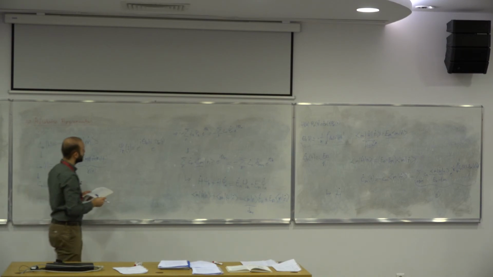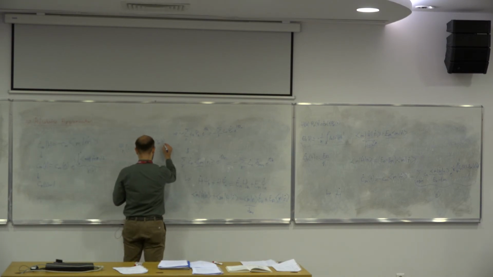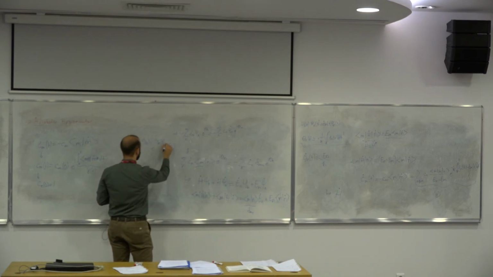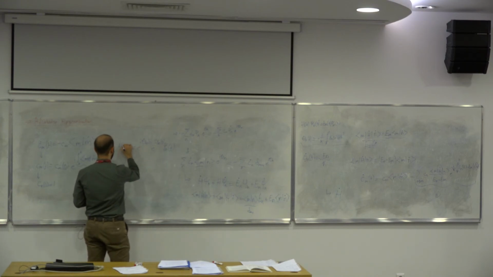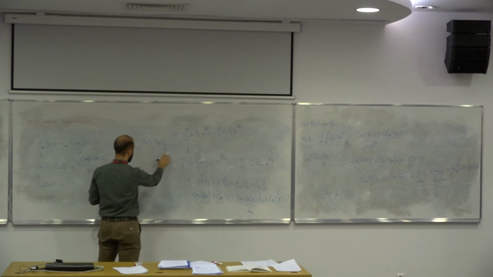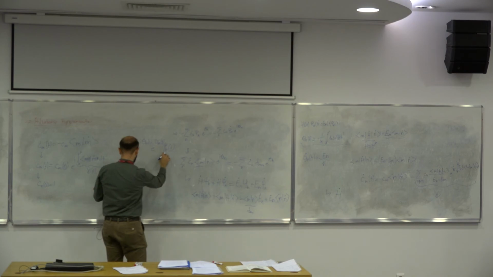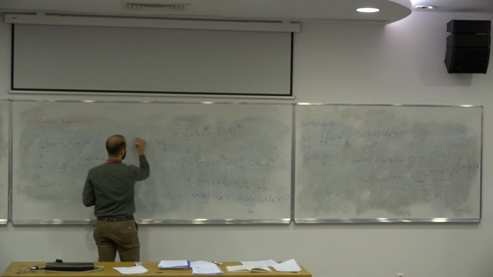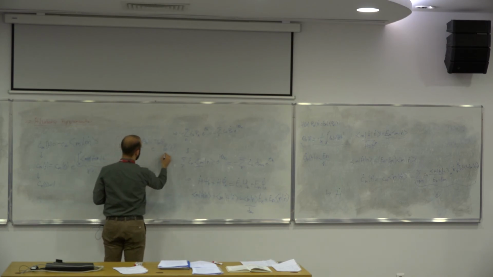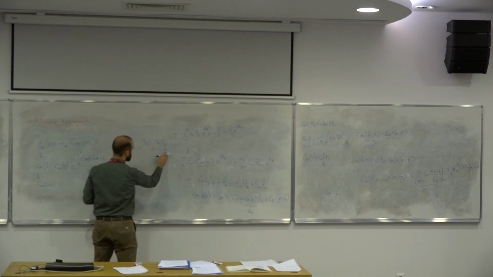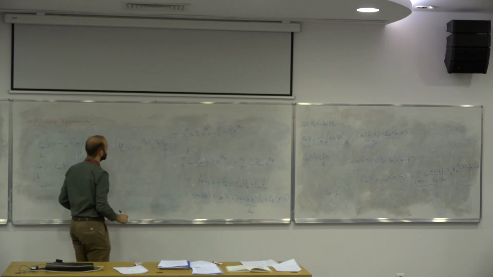And then I have phi_n. So this is the time-dependent wave function, and this is the nth eigenstate. Okay, so this is the initial state that I begin with.